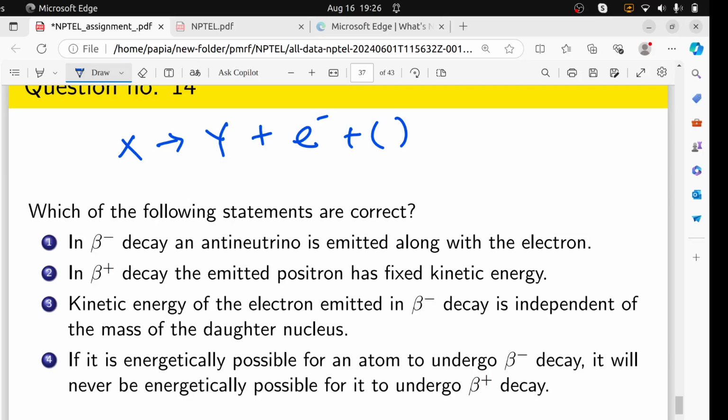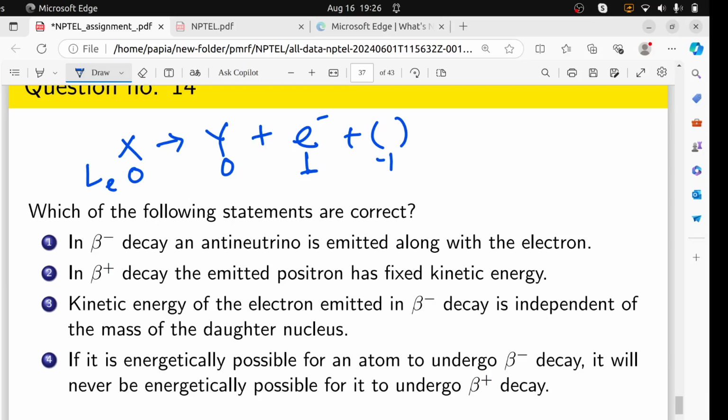So in terms of lepton number conservation, whatever the lepton number is there, let's say this is 0, this is 0, this is 1 because the electron lepton number is 1. So that should be minus 1 to conserve the lepton number. So whenever an electron comes, an antineutrino should come with it, because this is minus 1, right?